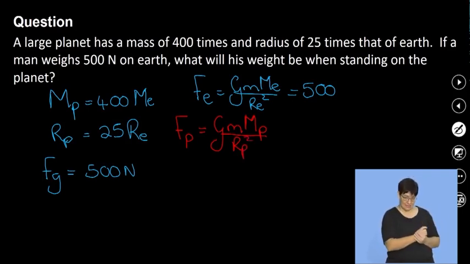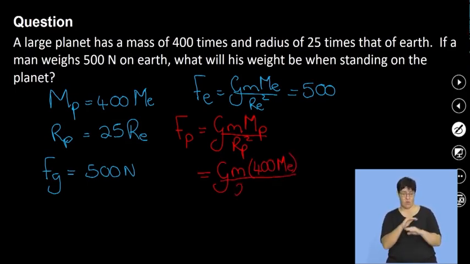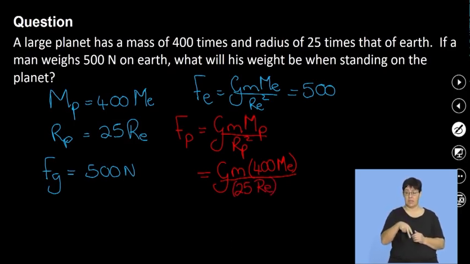I know how big the mass of the planet is compared to the Earth, and I know its radius. So I'm going to put that in. I'm going to go G, mass of the man, times 400 times the mass of the Earth, over 25 times, it's got to be squared, the radius of the Earth squared.